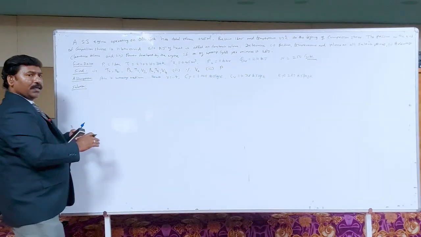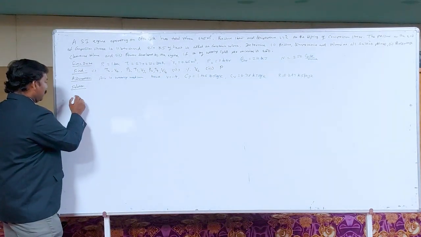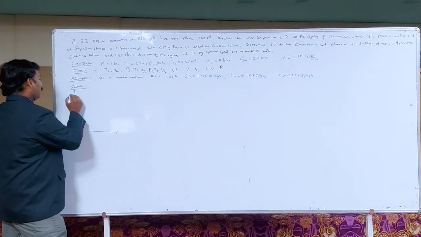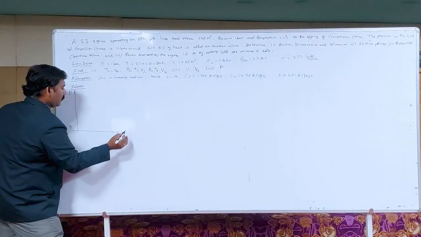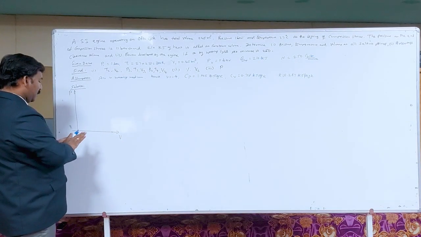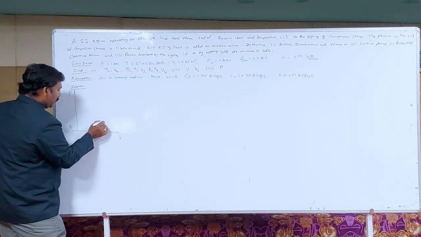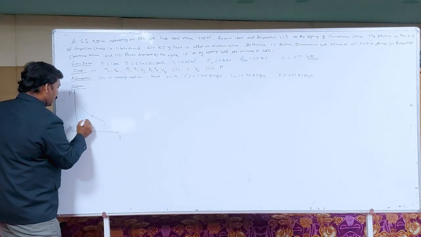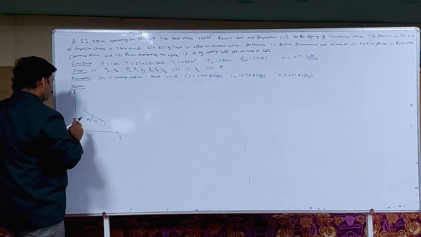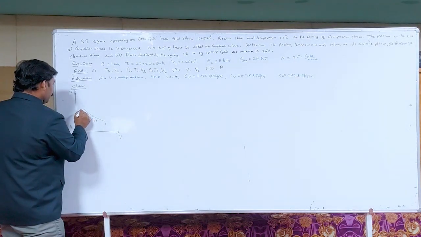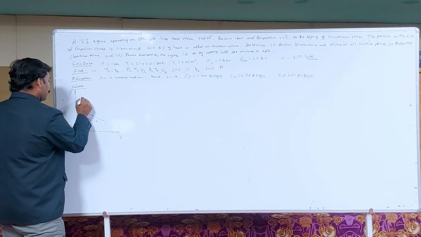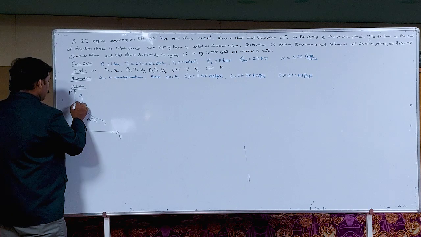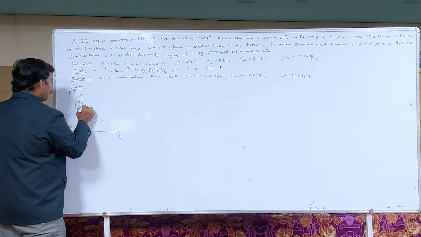Let us draw a PV diagram for this Otto cycle. So this is the PV diagram. In the PV diagram, the process 1 to 2 for Otto cycle is isentropic compression. Then 2 to 3 process is a constant volume heat addition.